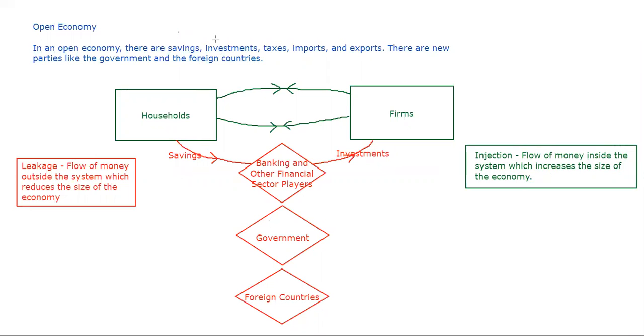The government is there to collect taxes from us and then to spend it back. So the households pay taxes. What are the taxes paid by the households? There are different types of taxes like income tax and wealth tax, and a host of other taxes depending on the country in which you reside.